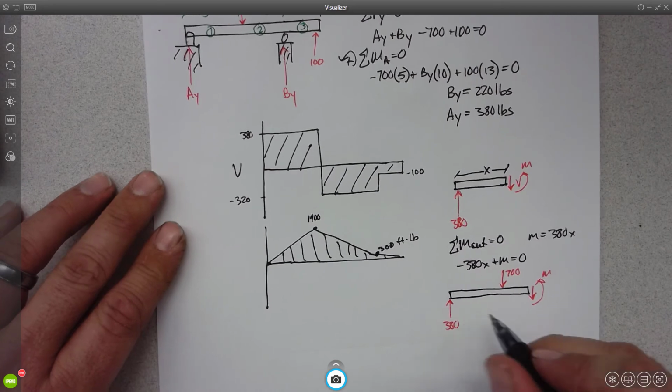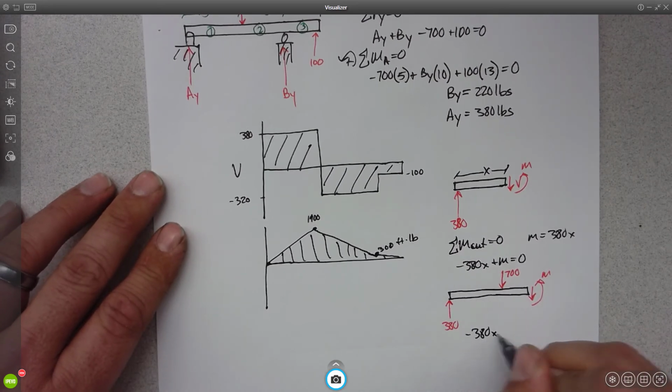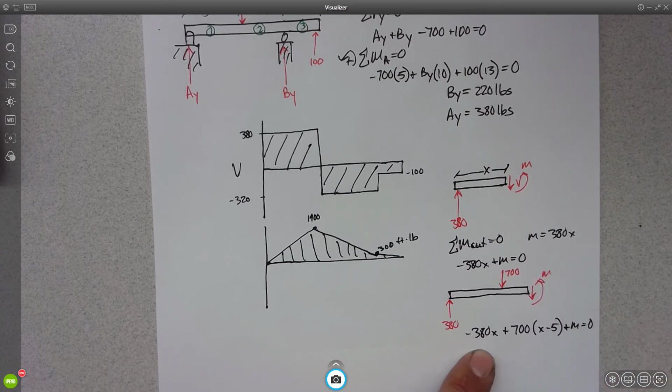Region 2: I would have negative 380x plus 700 times (x minus 5) plus M equals 0. So M then is going to be negative 320x plus 3,500.